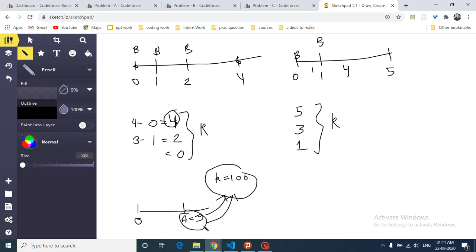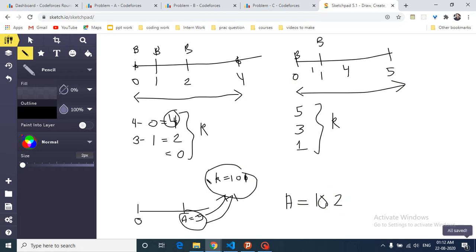If that happens, then we will see what our K wants. If we want an even K, then the difference between the starting point and this A should be even. If we want an odd K, then the difference between the starting and end point should be odd. Let's assume K is equal to 101, and our A is given to be 102, which is even.